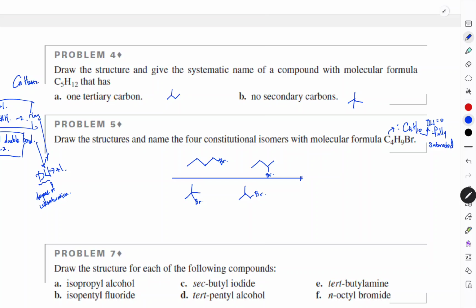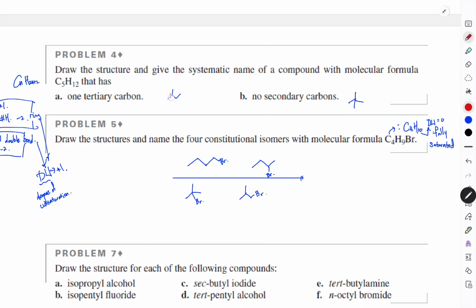Under these cases, you can then draw the saturated hydrocarbon with one tertiary carbon. This is a tertiary carbon, so you can provide this skeleton, and since you need 5 carbons, you add one more.